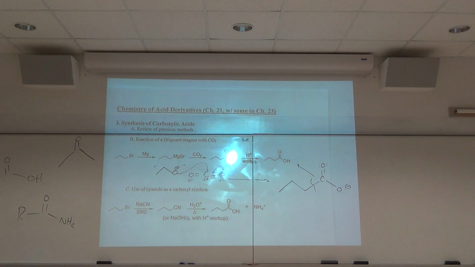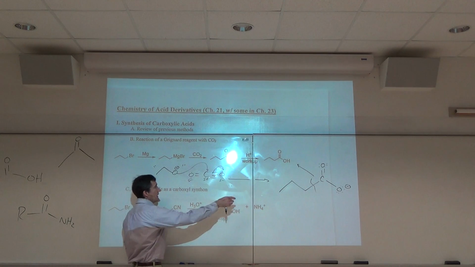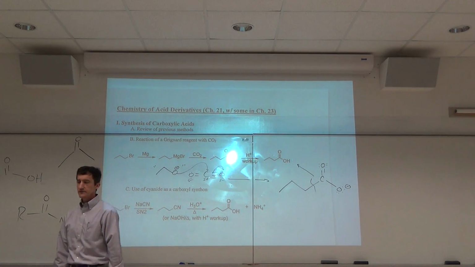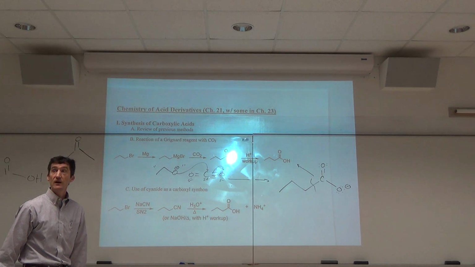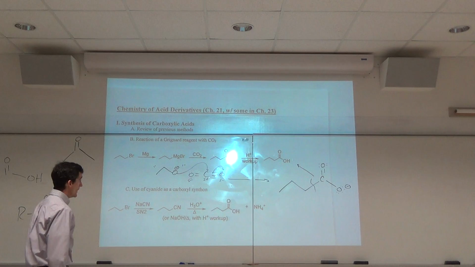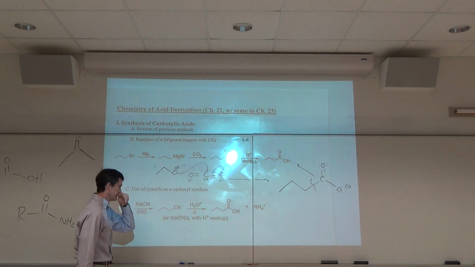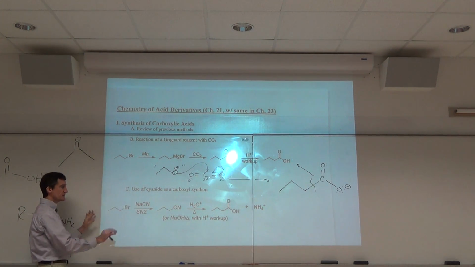Okay, another way is to use cyanide as a carboxyl synthon. This is the carboxyl group. Synthon is sort of a fancy term for precursor. It's a carboxyl precursor, a synthesis precursor. It's really two separate steps.